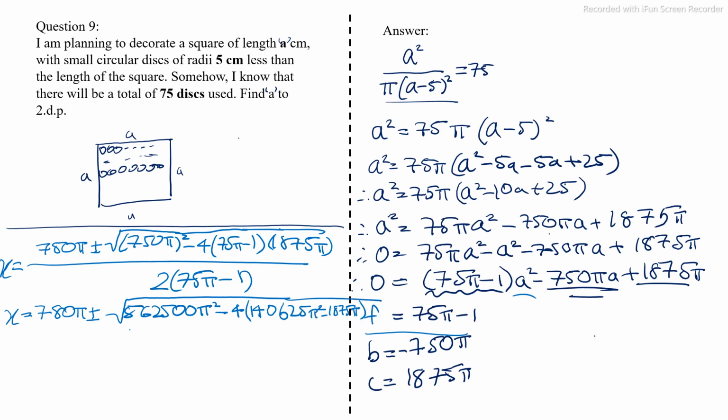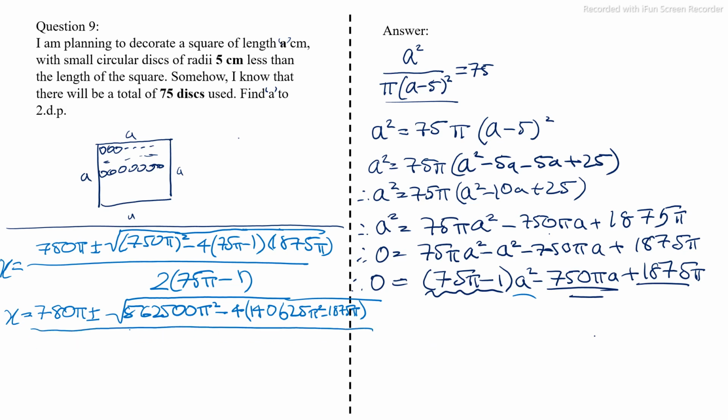Okay guys, don't get annoyed by this, this is different. Okay, so we know the bottom part, which is going to be 2 times 75, which is 150 pi, and 2 times 1 is minus 2. Phew. Okay, therefore x equals this thing over here.